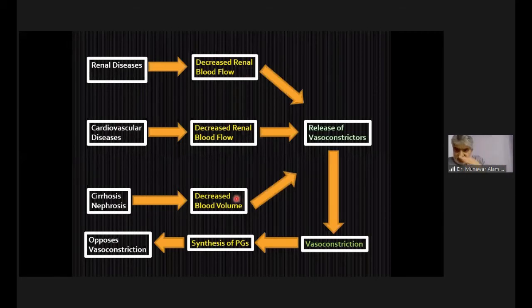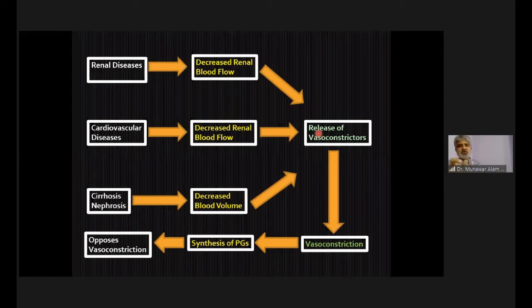When the blood volume decreases, or when the renal blood flow decreases, again there are feedback systems being generated to release the vasoconstrictor, because to maintain the blood supply, if there is decrease in the blood flow, definitely we have to support the blood supply by vasoconstriction.